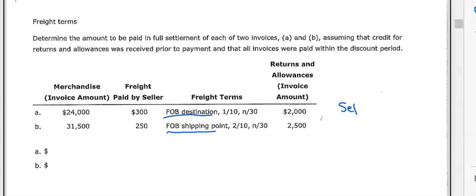So for FOB destination, seller pays shipping. For FOB shipping point, that means that the goods changed hands at the shipping point. So the whole time they were traveling, they already belonged to the person that was buying them. So for this one, the buyer pays shipping.